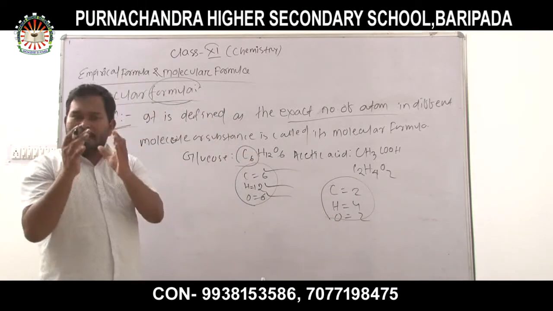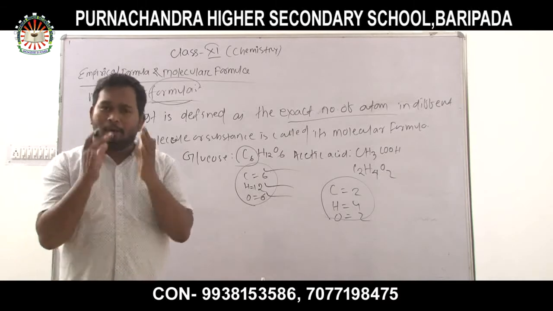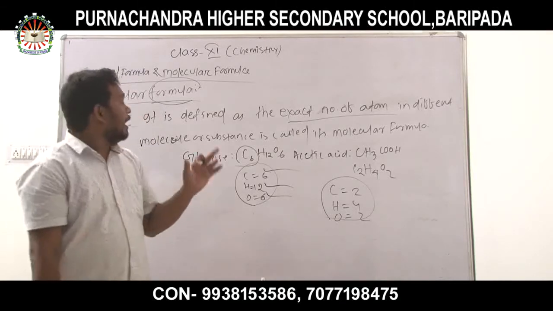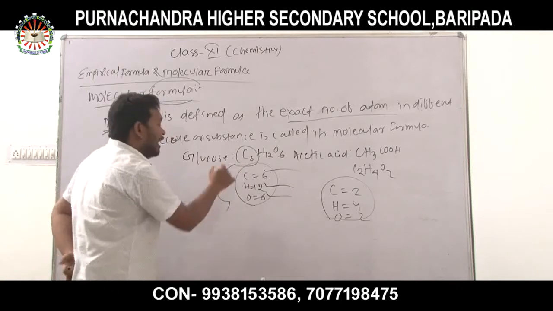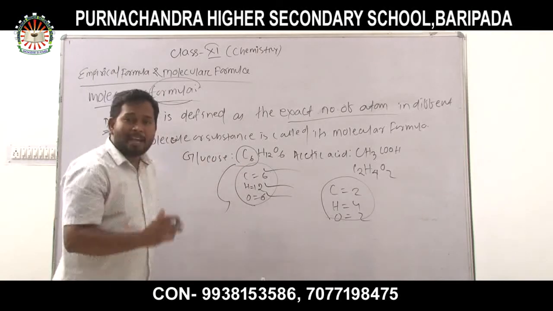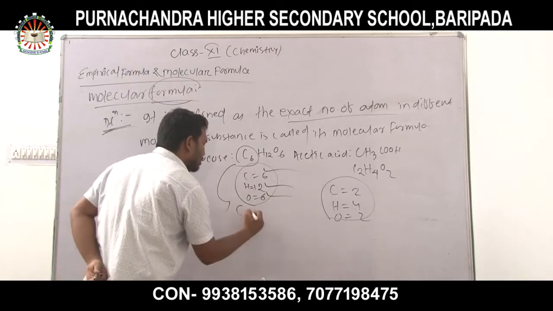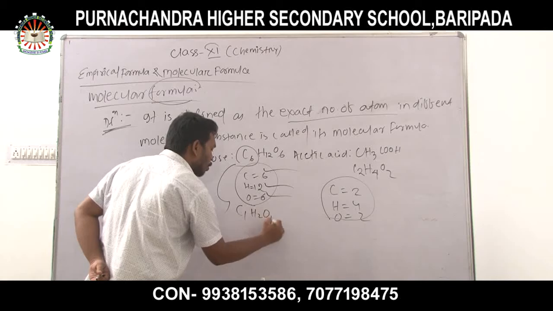Thus, it is the molecular formula. Again, I repeat that the molecular formula gives the exact number of atoms. But the empirical formula of glucose is CH2O, that is C1H2O1.